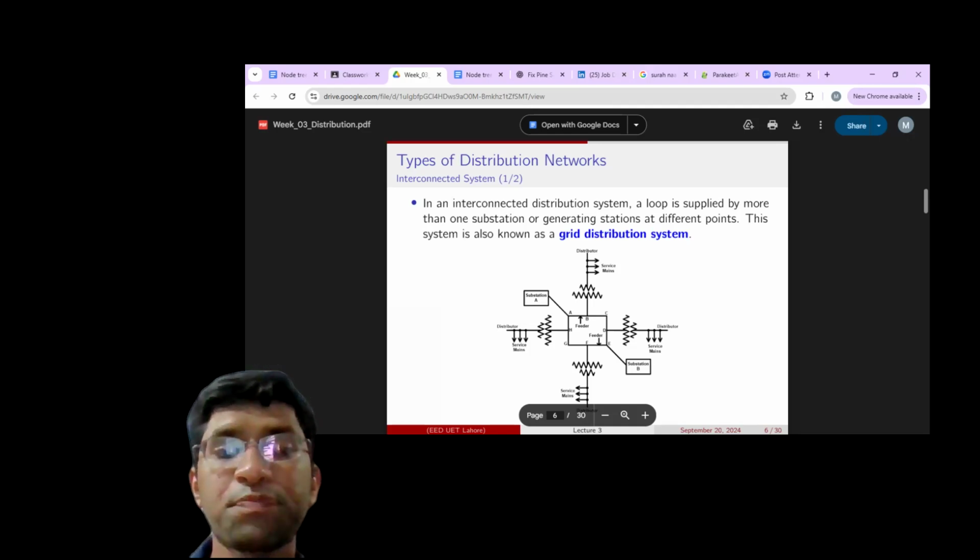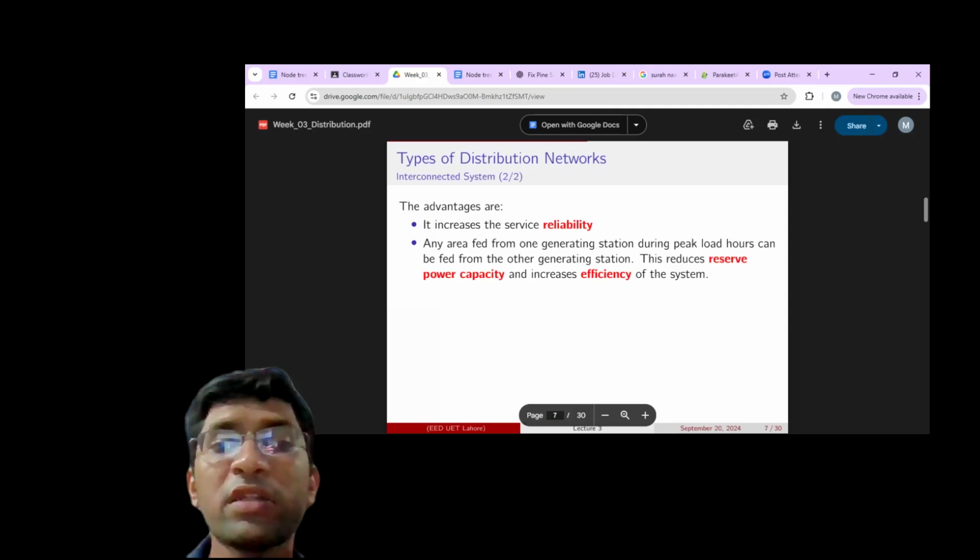So, what do you think? If we dive deeper, the interconnected systems are reliable, and any area that is fed from one generating station during peak load hours can be fed from the other generating station. So this reduces the reserve power capacity and increases the efficiency of the system.